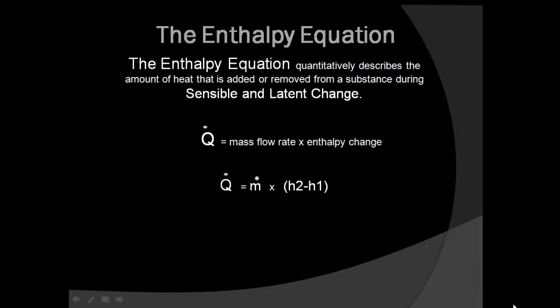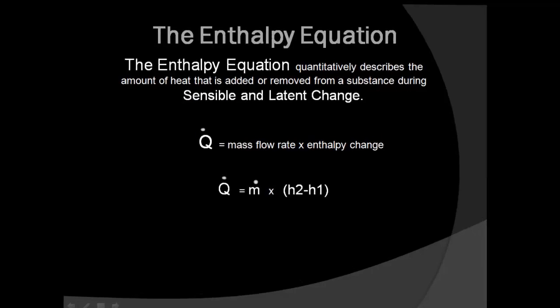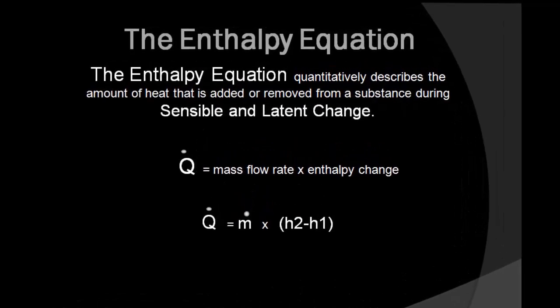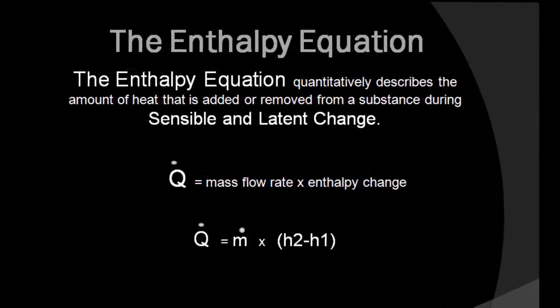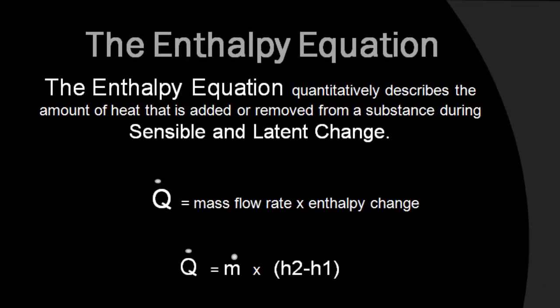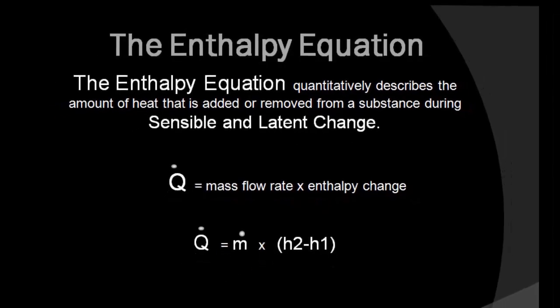Using the sensible heat equation is very useful, but is limited to processes that involve a sensible change only. The heat added or removed in HVAC processes can also be determined by the enthalpy equation. This is important because it is very useful in understanding complex processes that involve both sensible and latent heat change, such as in dehumidification.